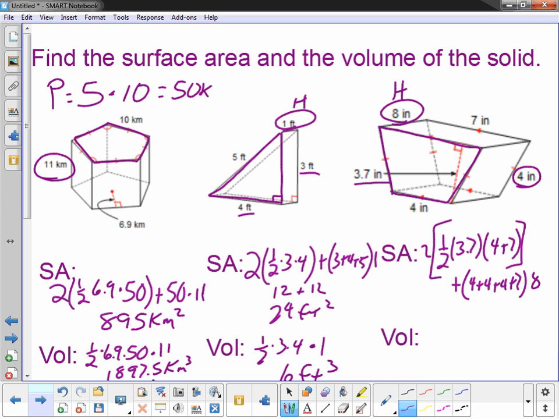So 3.7 times 4 plus 7, I should have just been able to do that, times a half times 2 gets me 40.7. And the perimeter times the height will get me 152. So I get 192.7 square inches.